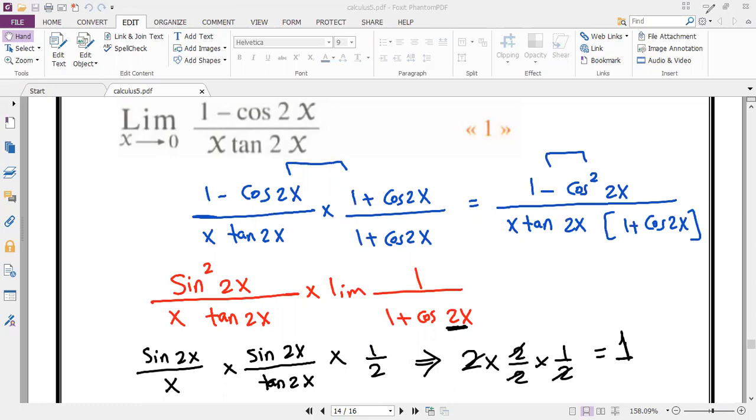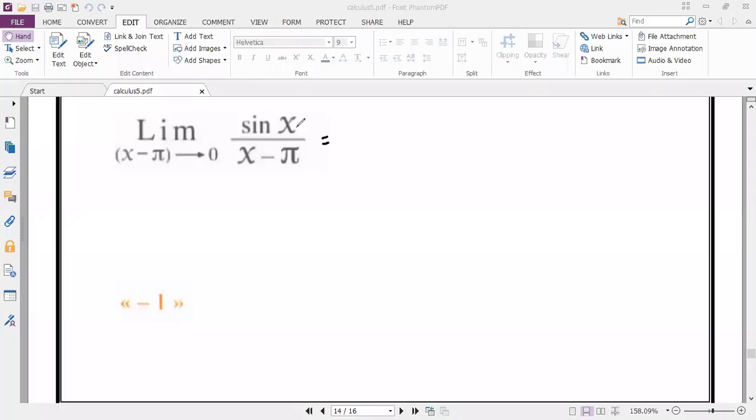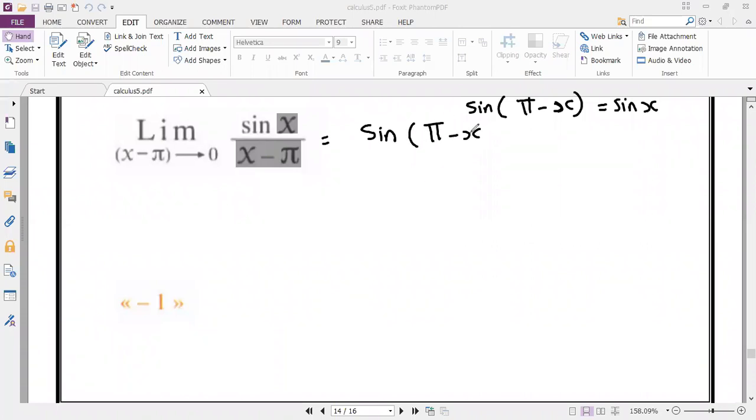That's it. If we look at this one here, I have sine x over x minus pi. You know that sine of pi minus x is the same as sine x. And I want to make the two variables the same, x minus pi here. This is the variable at the top, and this is the variable at the bottom. So instead of sine x, we can write sine of pi minus x at the top, because sine of pi minus x is the same as sine x, divided by, here we can take minus 1 as a factor.